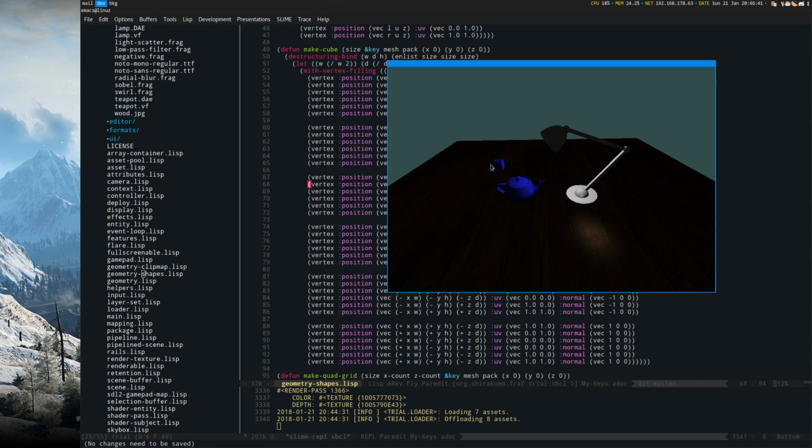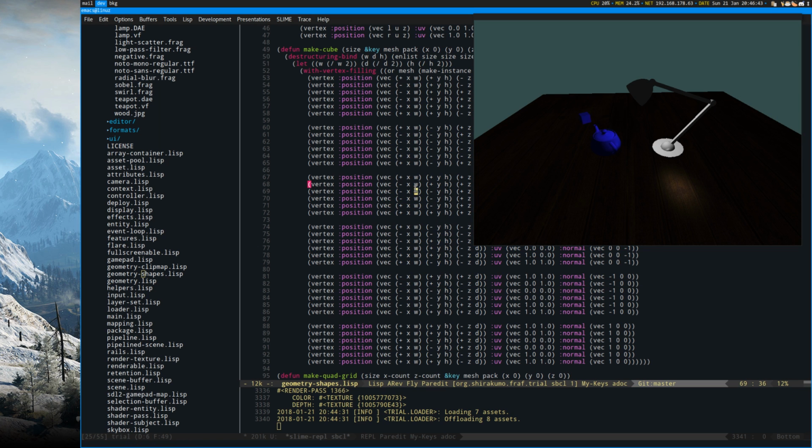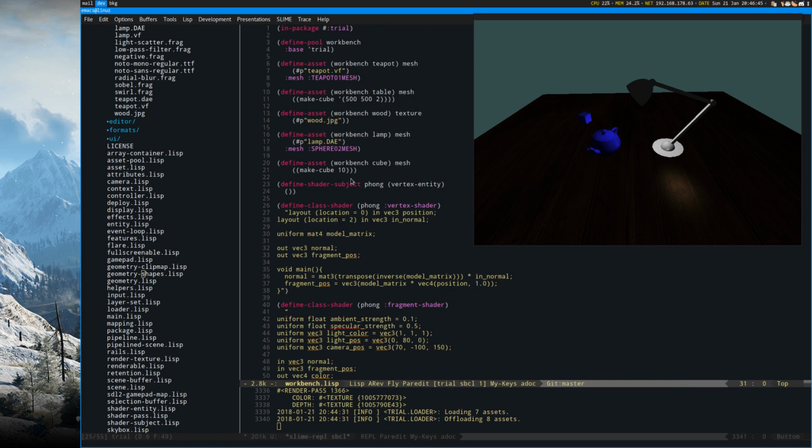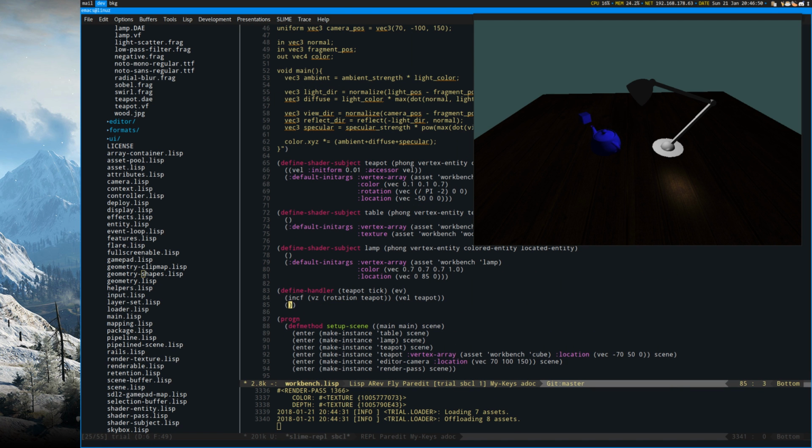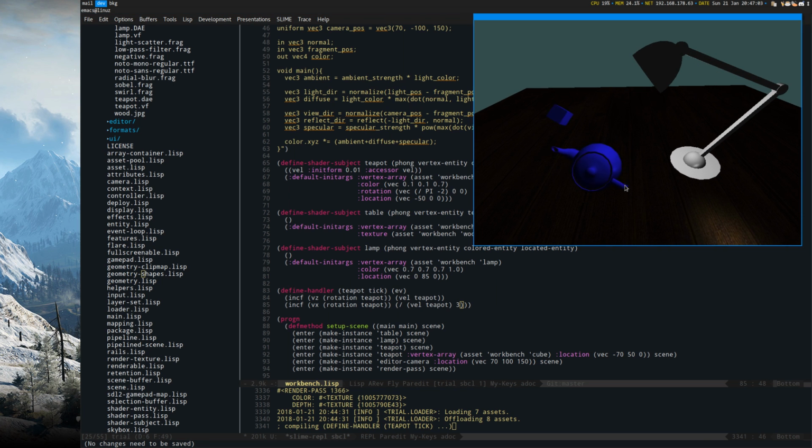And again, the cube up here seems to be doing just fine. Let me make this spin in two directions. Yeah, that works just fine.